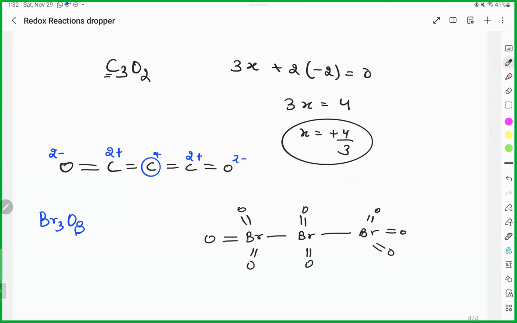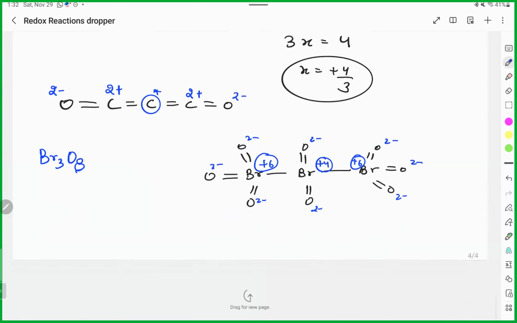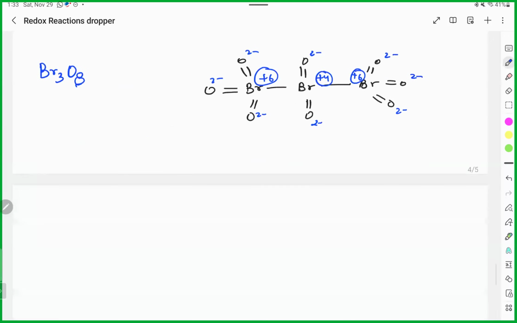What will be the charge on the first bromine? -2, -2, -2. Here +6 total. -2, -2. Here +4 total. -2, -2, -2. Here +6 total. Any doubt? If this is the situation, what will happen?